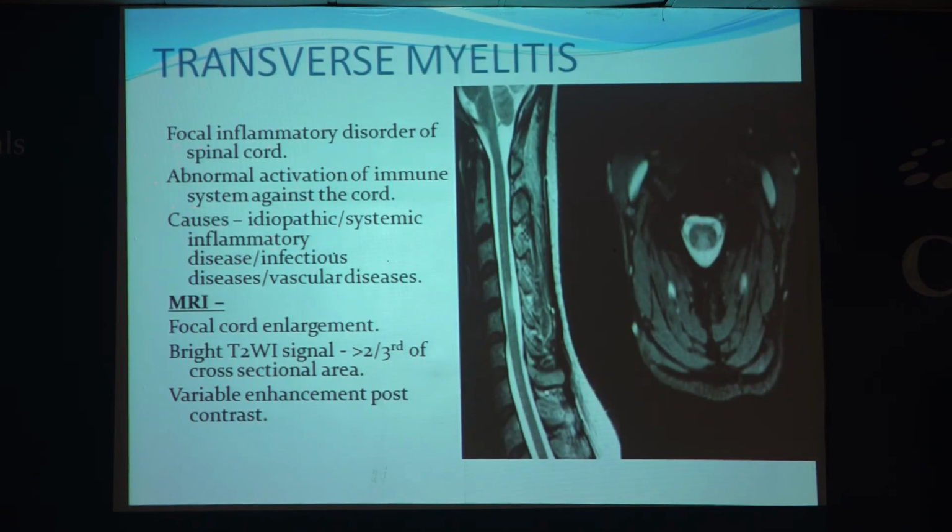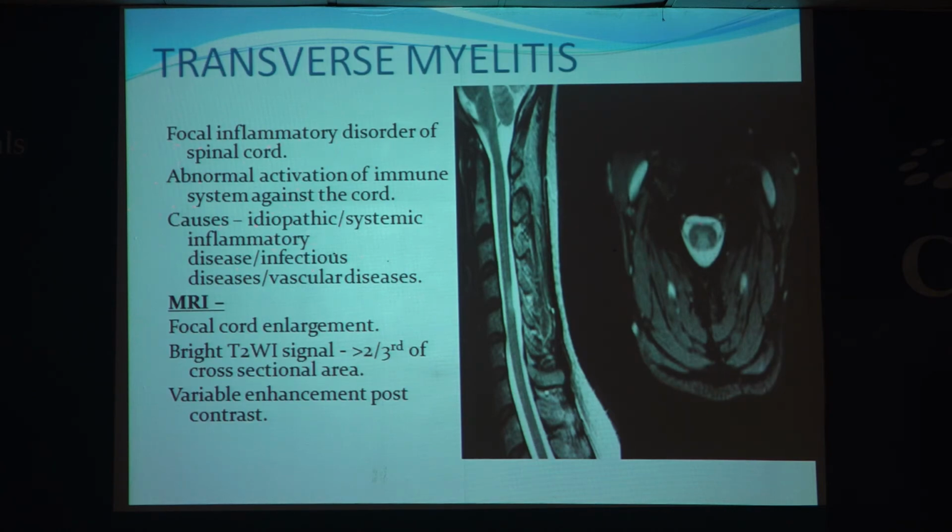Next, coming to transverse myelitis, this is also an inflammatory disorder, but it's usually focal in involvement. Causes might be idiopathic, systemic inflammatory diseases like SLE, Sjogren's, etc., or infectious diseases like cytomegalovirus, herpes simplex virus or HIV, and vascular diseases like vasculitis, thrombi, or AV malformations.